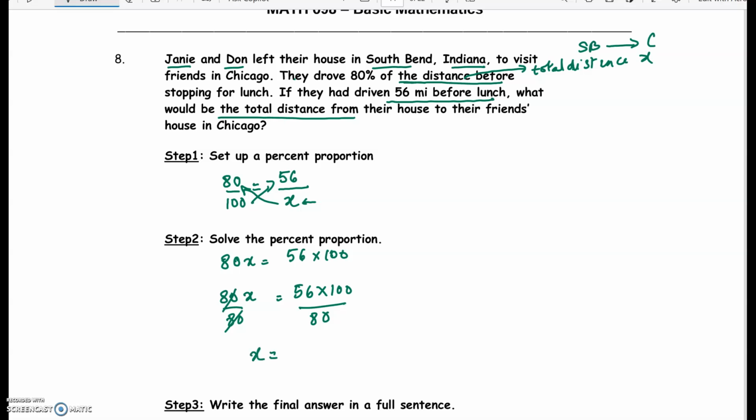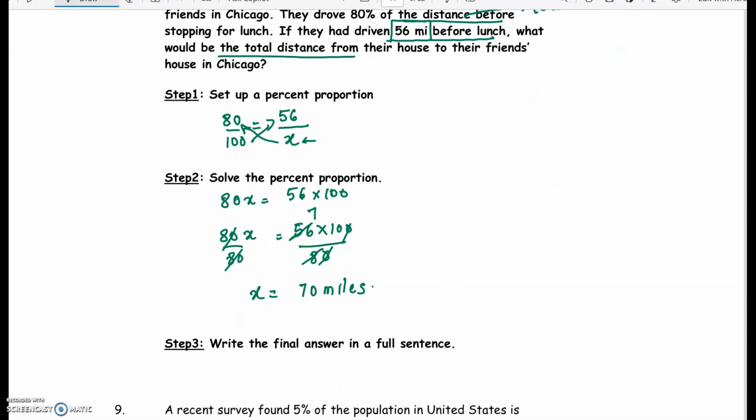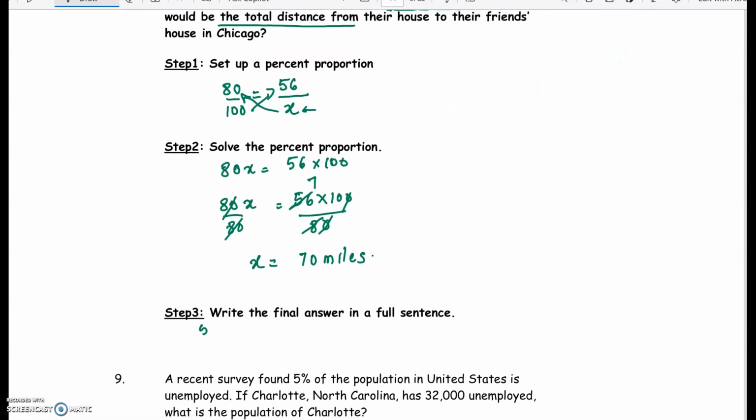So x is equal to, 8 7s are 56, equal to 70 miles. So if the total distance is 70 miles and you've already driven 56 miles, then you've covered 80% of the distance. So basically you're saying 56 is 80% of 70 miles.